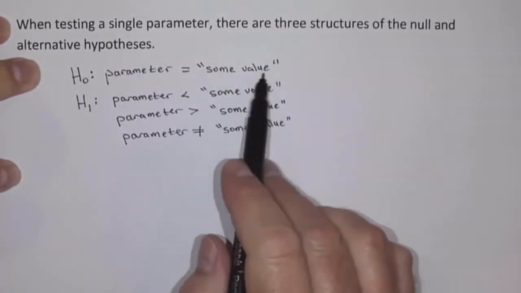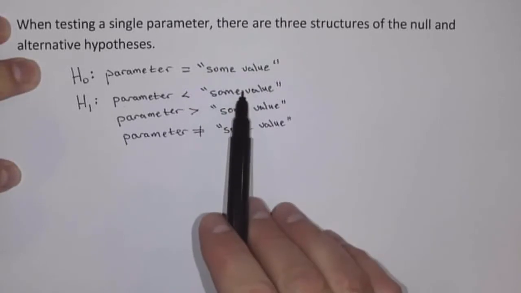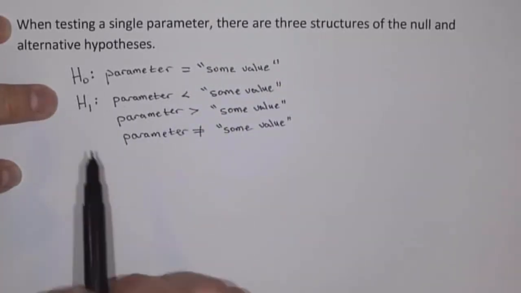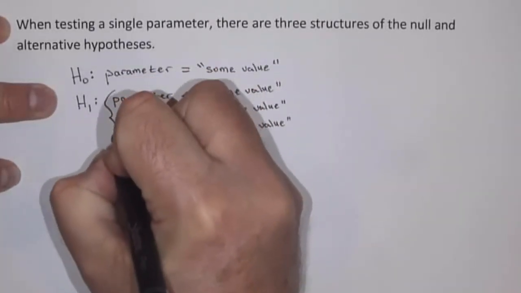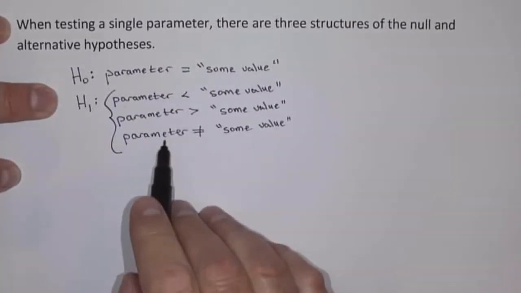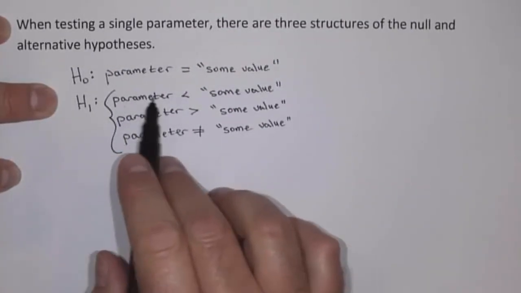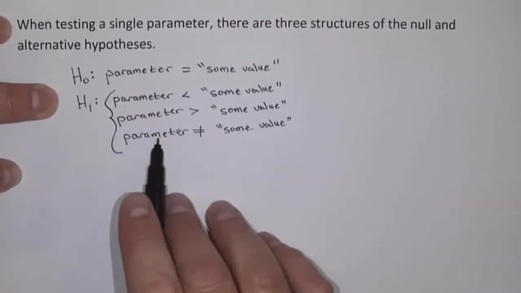Now again, where I say some value here, that's going to be the same value. And for the alternative hypothesis, you will have one of these three things. You won't have all three, you'll have one of the three.